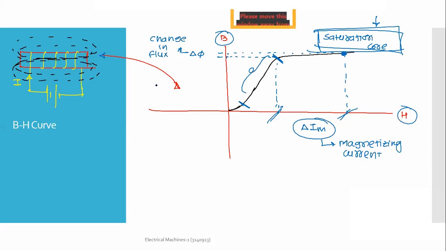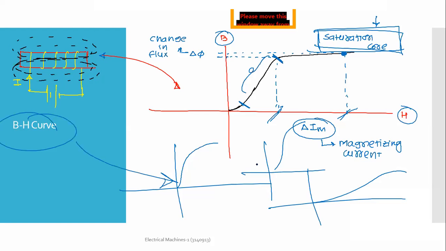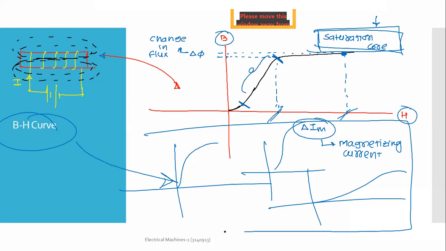So next time, if I magnetize the core, it will look like this. If I magnetize the same core next time, it will be like this, or maybe like this. So the material will lose its property, and the core may behave in a very different manner each time you magnetize the same core again.